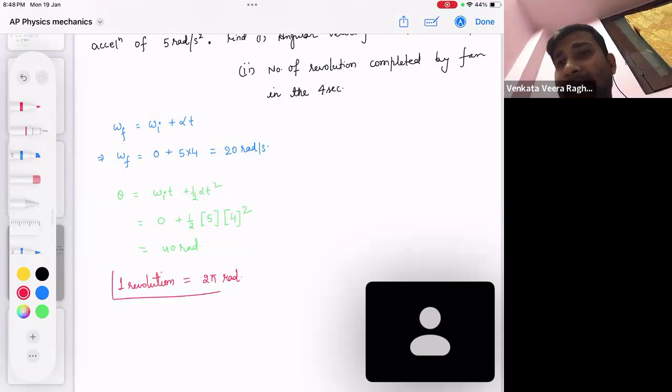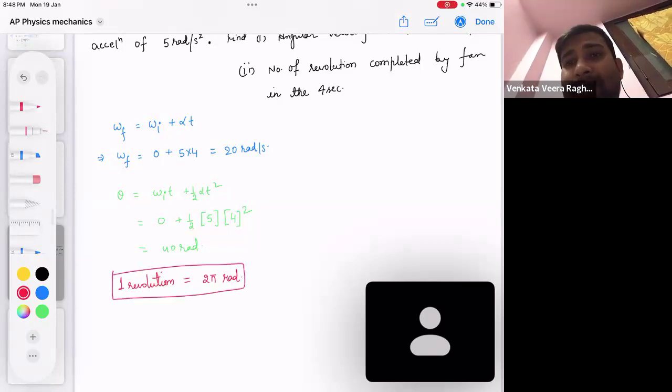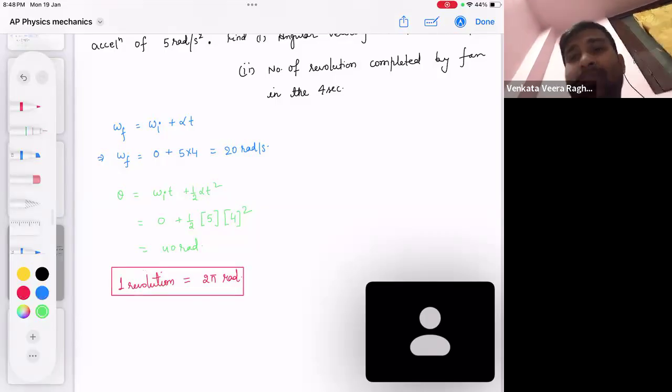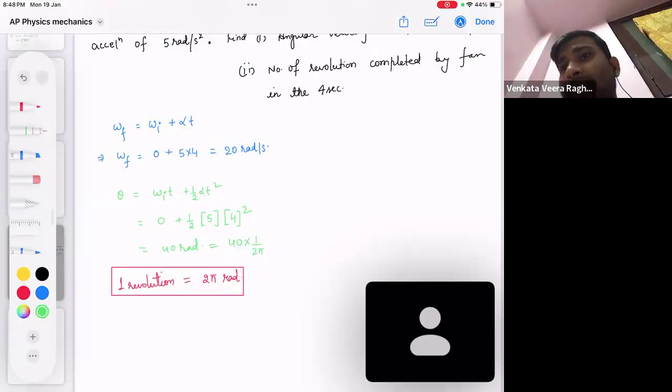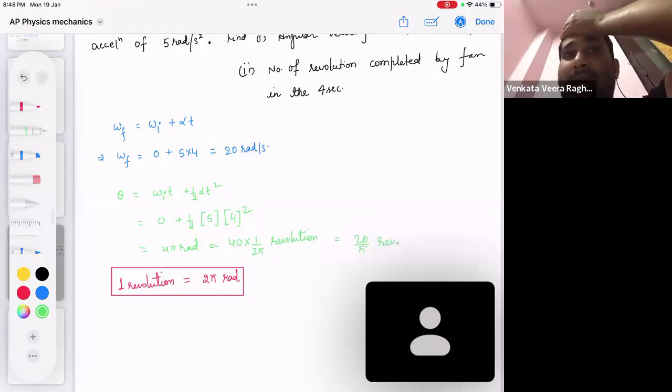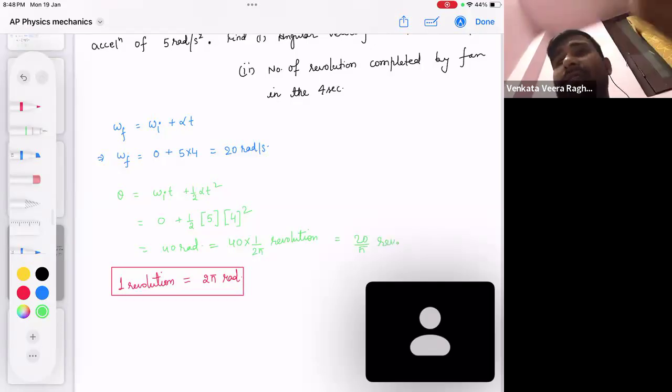Please keep in mind this conversion. So can we write the answer further? 40 radian, so 40 into, and 1 radian means 1 by 2 pi revolution. Can I write it? Understood? So 20 by pi revolution, you can say. Revolution short form, you can write it REV.